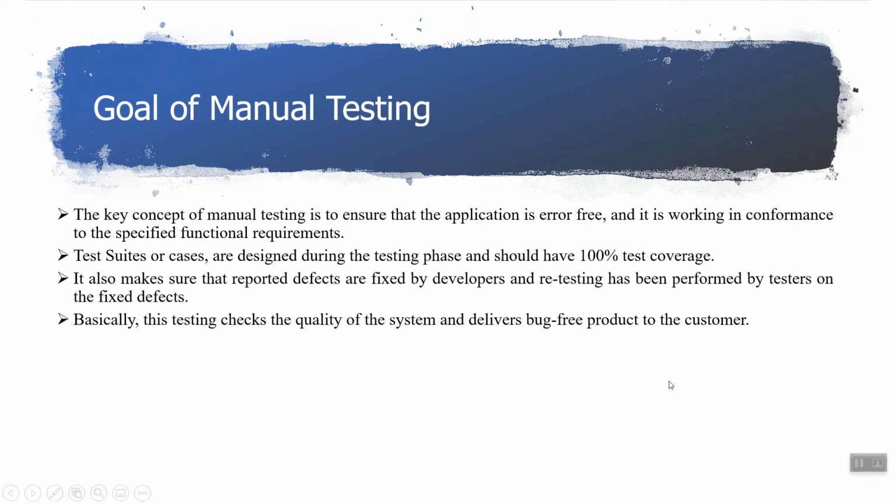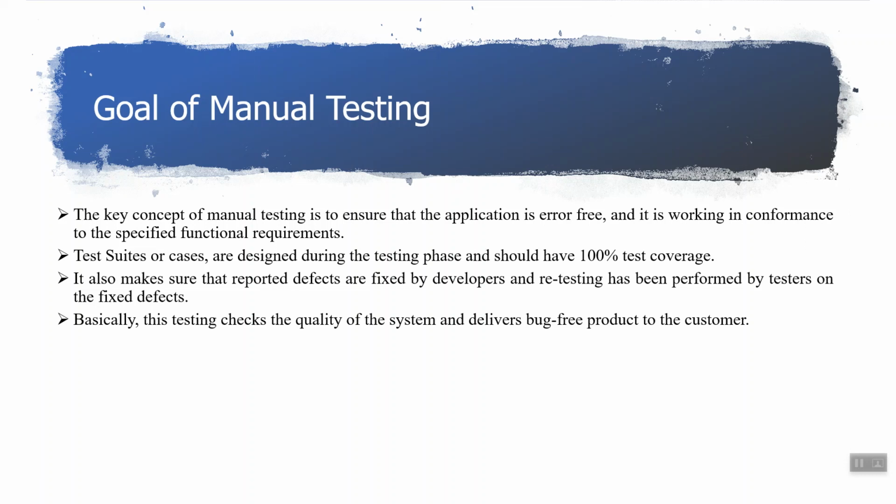Next is the goal of manual testing. The key concept of manual testing is to ensure that the application is error free and it is working in conformance to the specified functional requirements. Here the test suites or cases are designed during the testing phase and should have 100% test coverage.